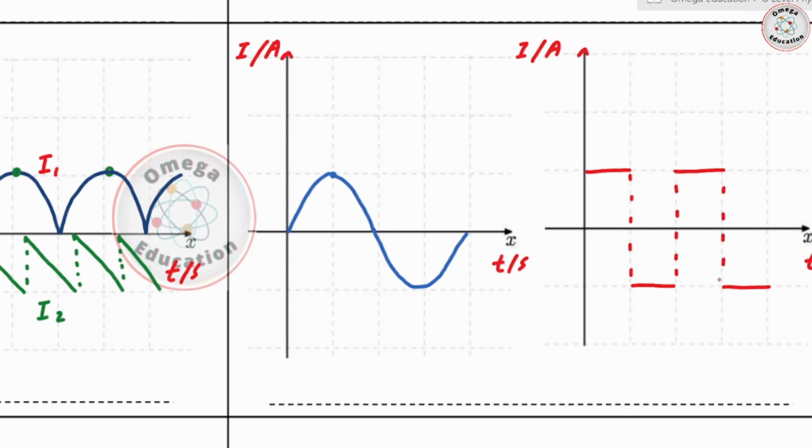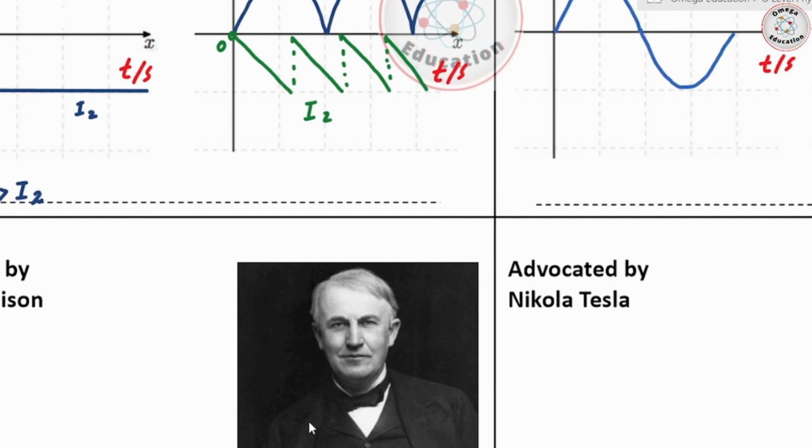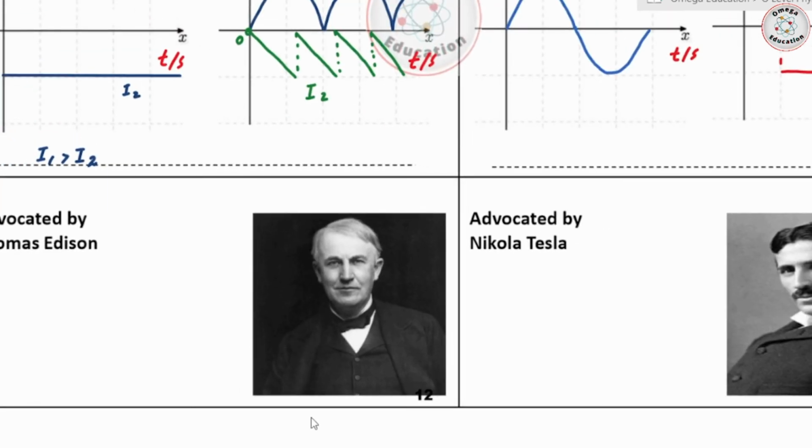The bottom line is, not the bottom line, kind of a side note. The side note is, it has been a big debate between two leading scientists, inventors of their times, Thomas Edison and Nikola Tesla.